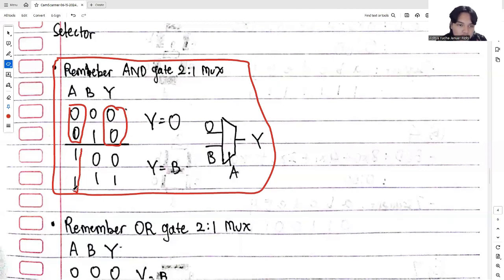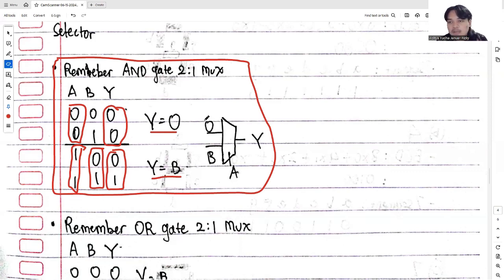And when A is 1, the output Y is equal to B. See, it has the same characteristic, the same output. So I can write those two like this.